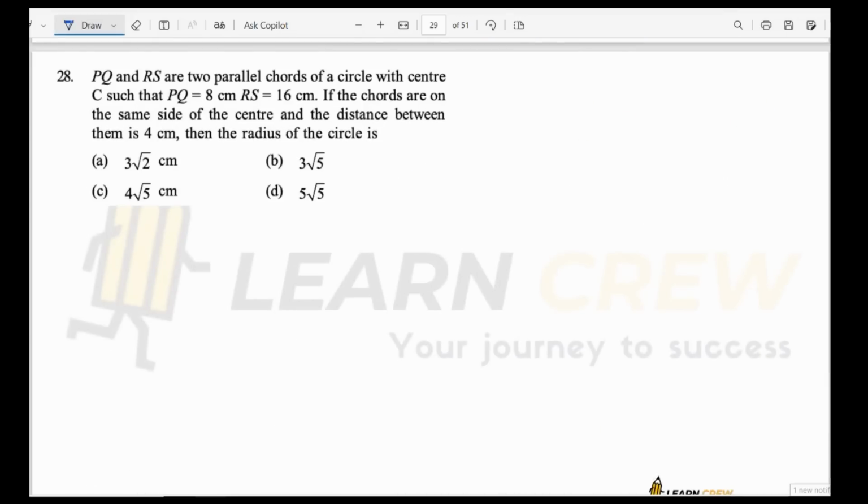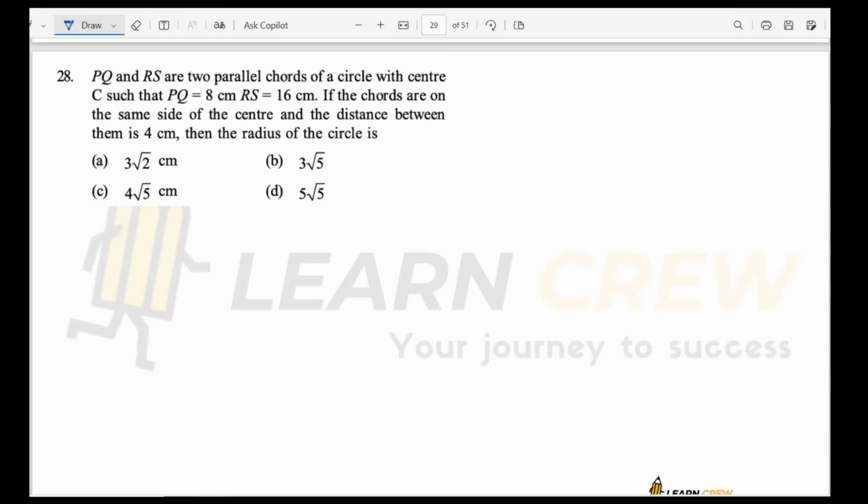28th question. Please answer, anyone? I'm giving you 1 minute. PQ and RS are two parallel chords of a circle with center C, such that PQ is equal to 8 centimeters and RS is equal to 16 centimeters.